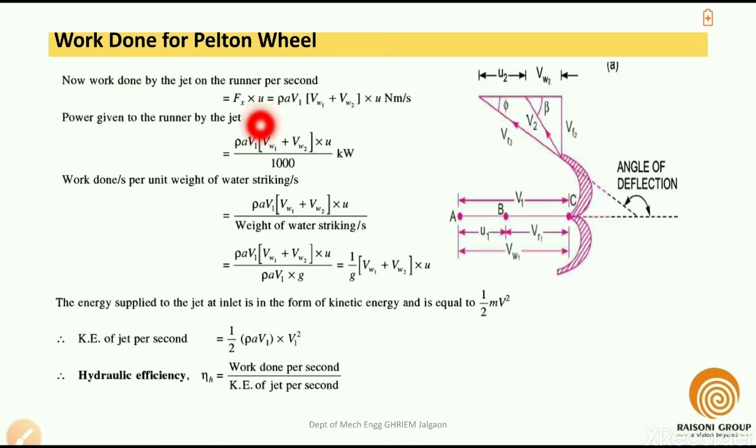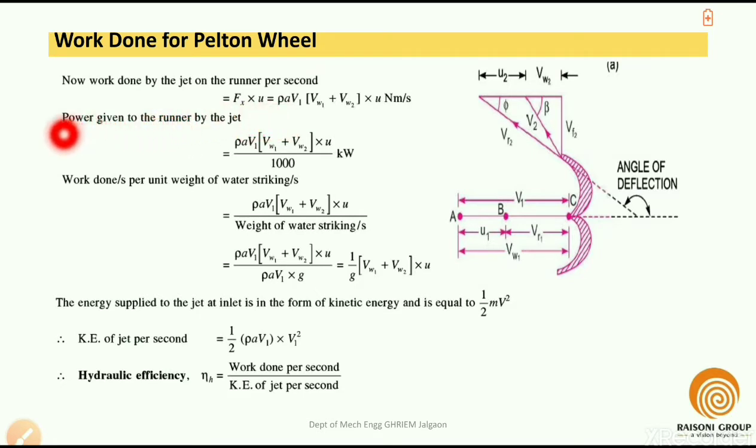The force we have seen in the above formula as rho a v1 into vw1 plus vw2, and the velocity is u, which is the tangential velocity, and the unit will be Newton meter per second. Newton meter per second is joule per second, because Newton meter is the joule. So this much will be the work done by the jet on the runner per second.